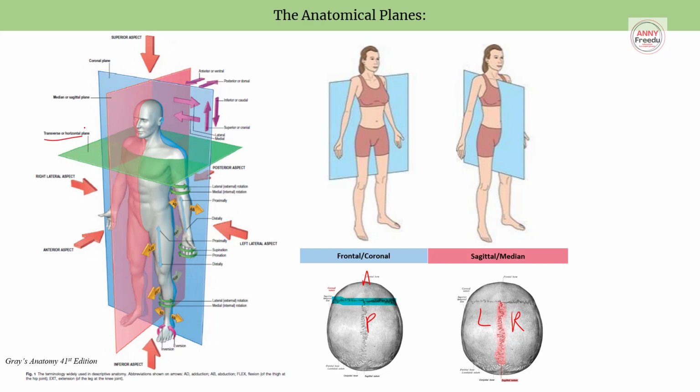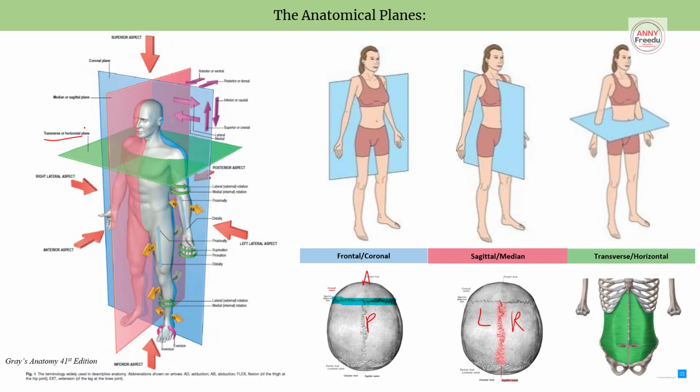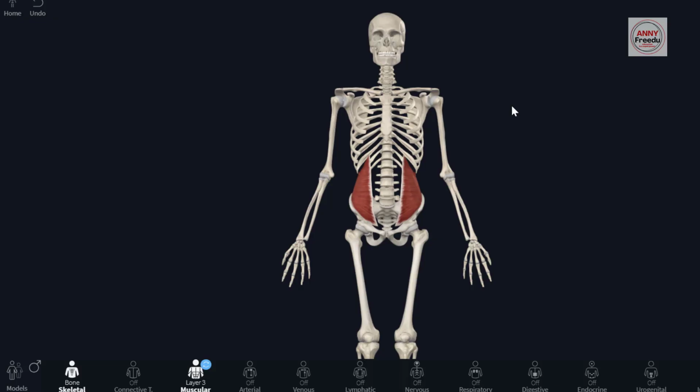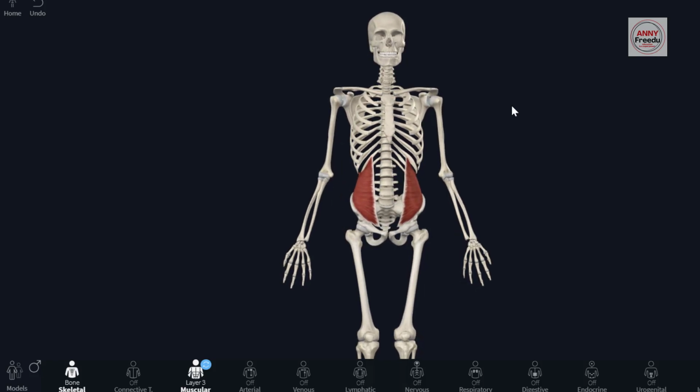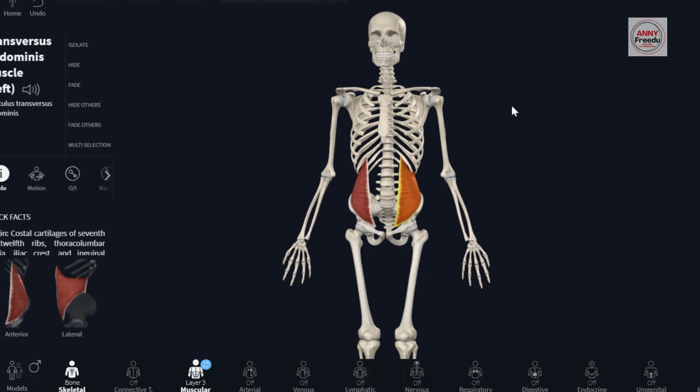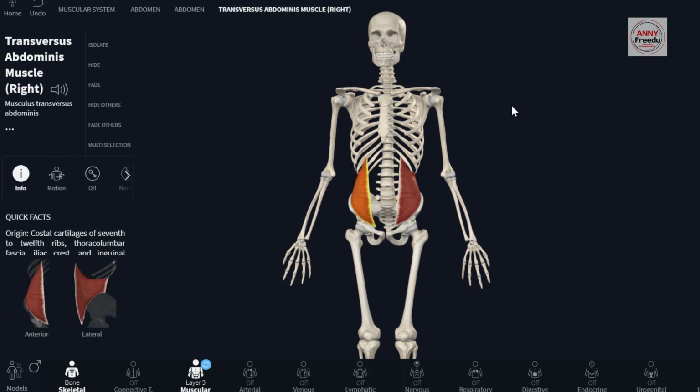Transverse means actually horizontal. Once more, let me use the 3D anatomy app by Elsevier called Complete Anatomy and show you that the abdominal wall is created by these two muscles. We call these the transversus abdominis, on the left side and on the right side.